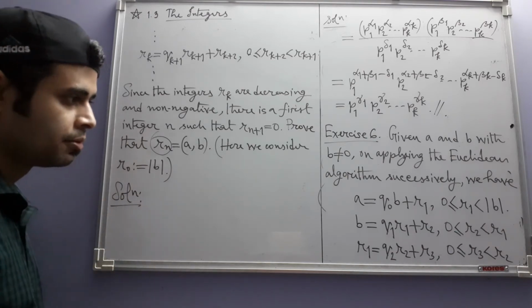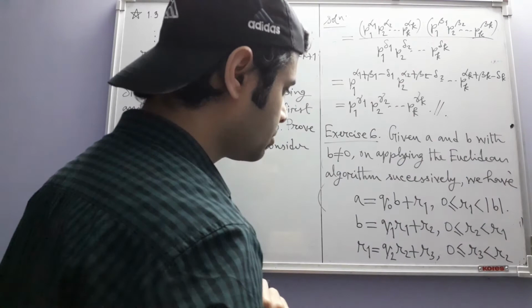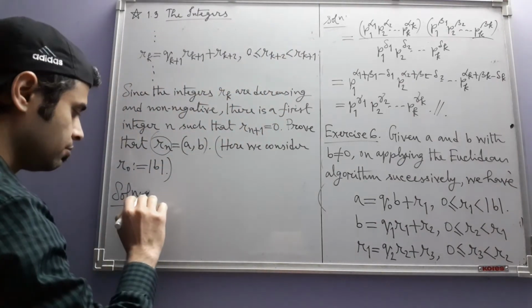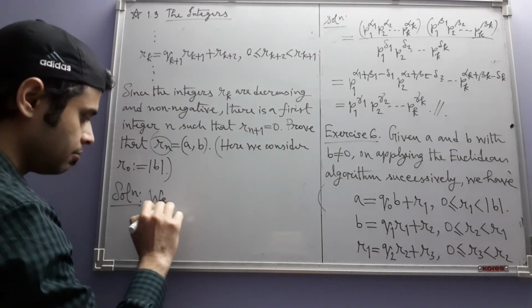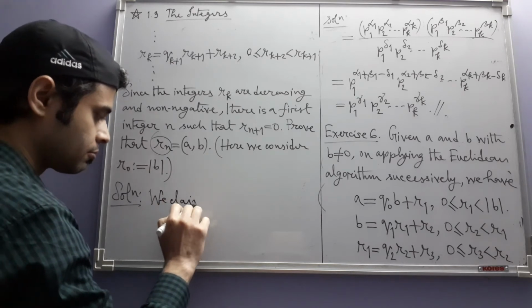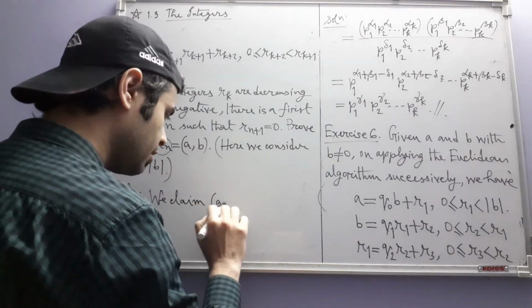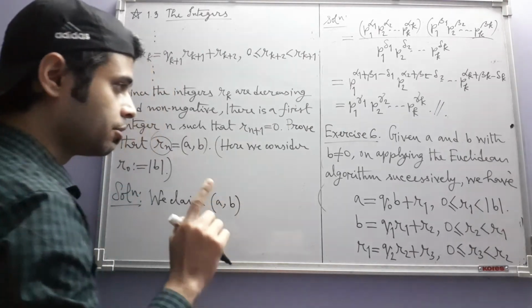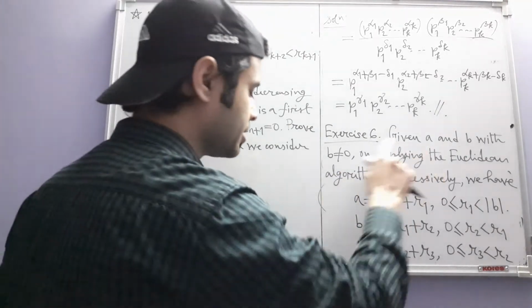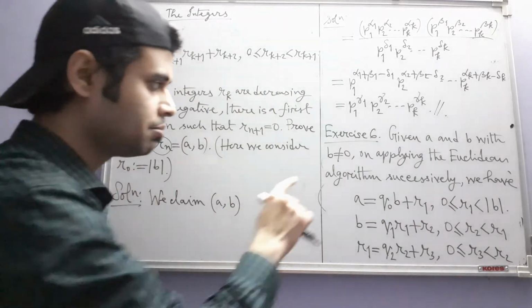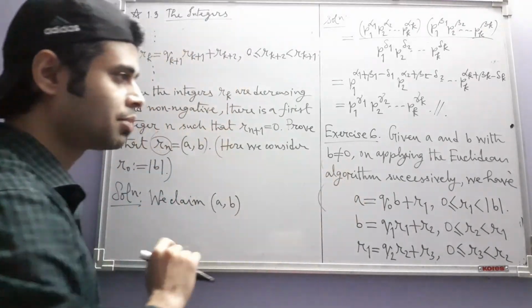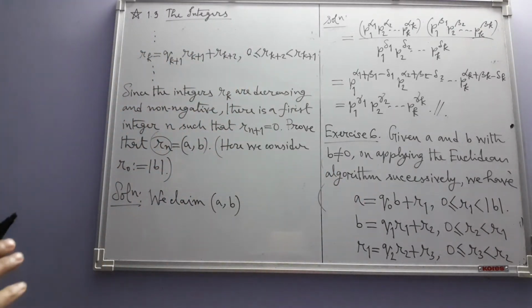Okay. So what we want to show here is this. We claim that the GCD of A and B, note by the way that the GCD exists. Why? Because one number is given to be non-zero. That was the condition, right?